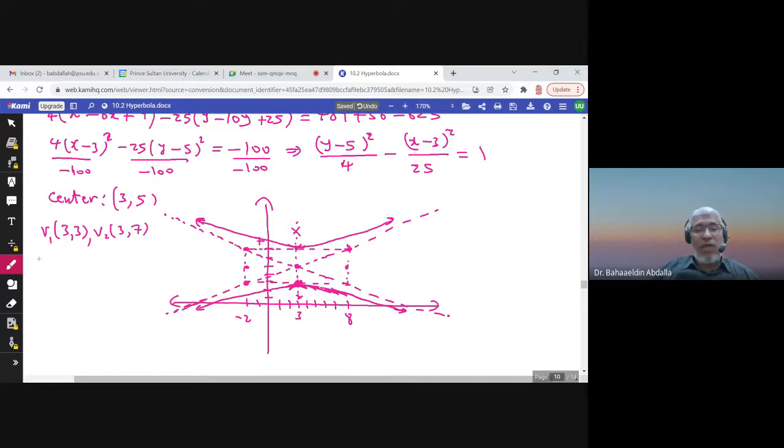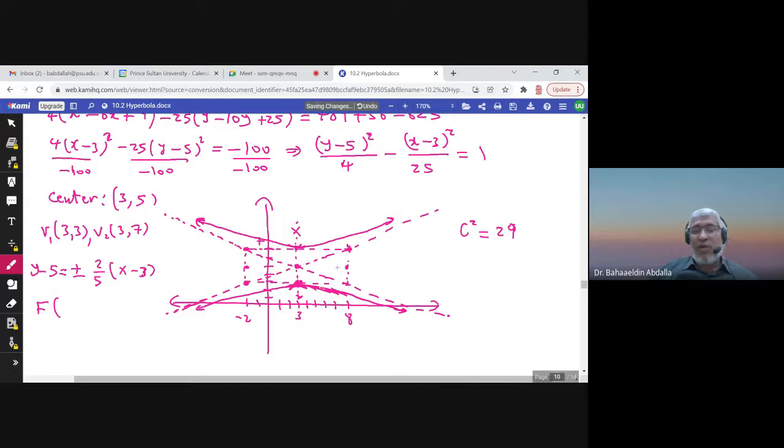Now, what are the equations of the asymptotes? Y minus 5 equals plus or minus 2 over 5 times x minus 3. These are the equations of the asymptotes. What about the foci? C squared is 25 plus 4, that's 29.